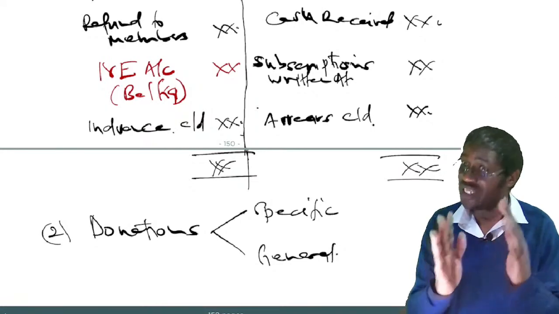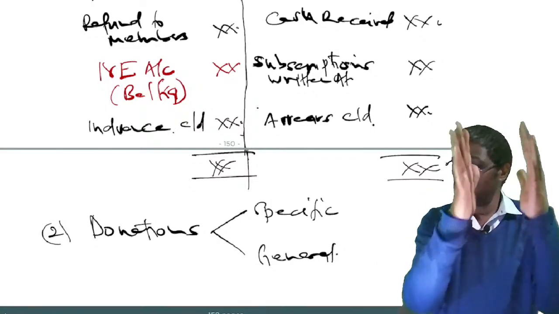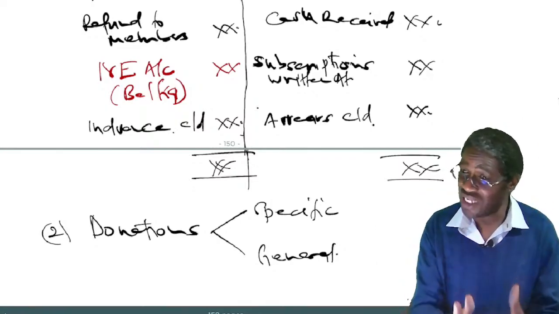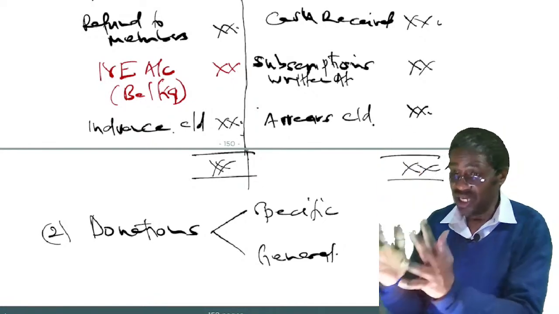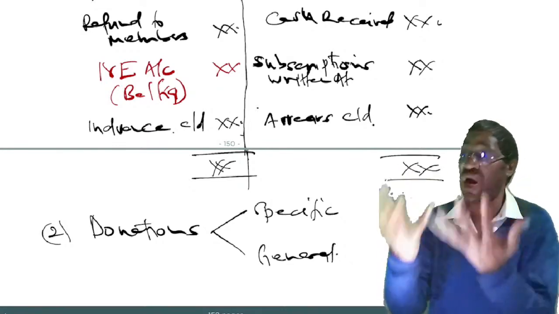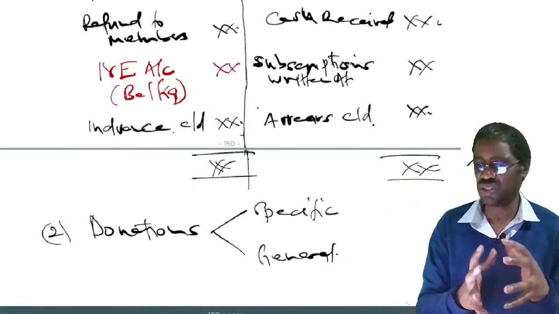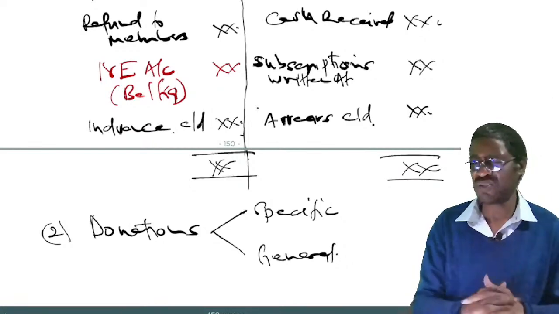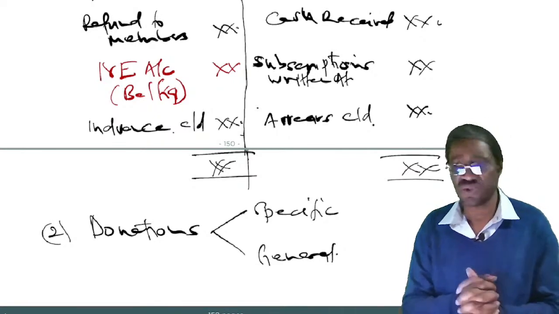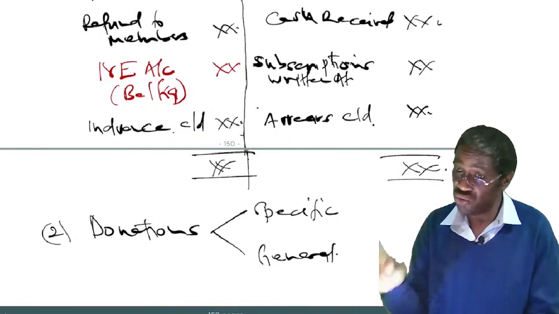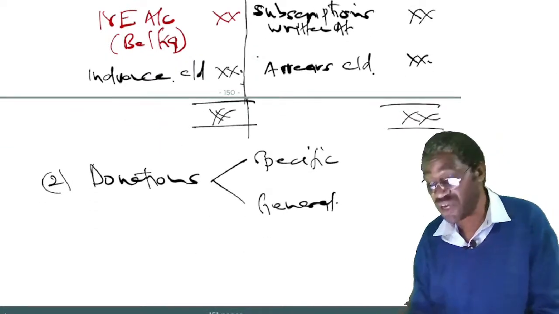Don't forget, in the normal income and expenditure, we show the expenses incurred in the running of the business and the revenue. So a specific donation should not go to the income statement because it's not for the normal running expenses of the business. So what you do, you take that kind of donation to a specific fund account.